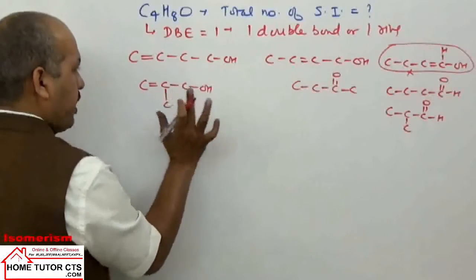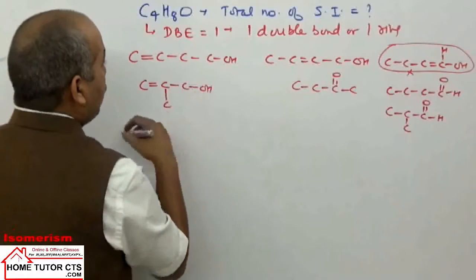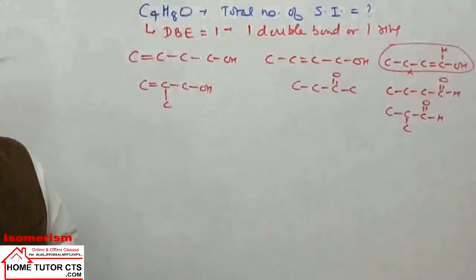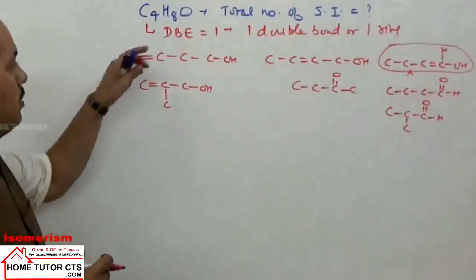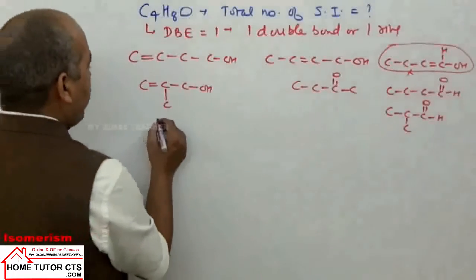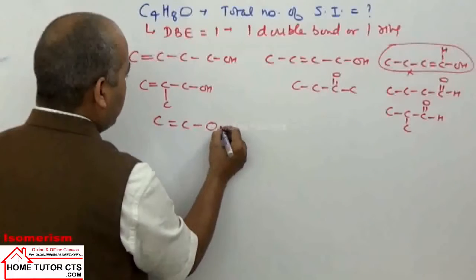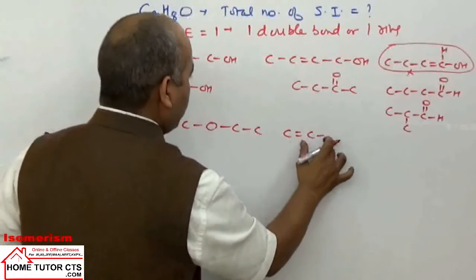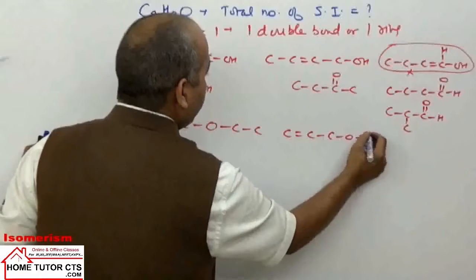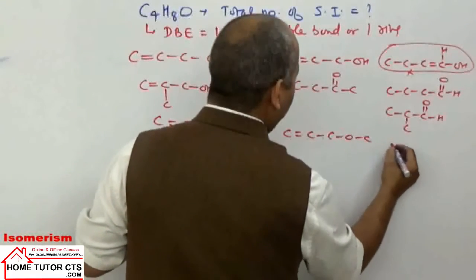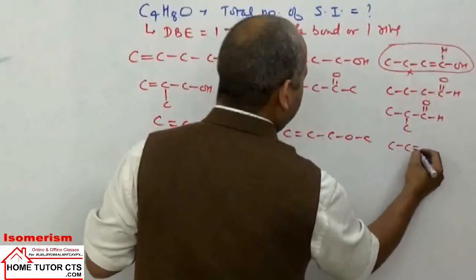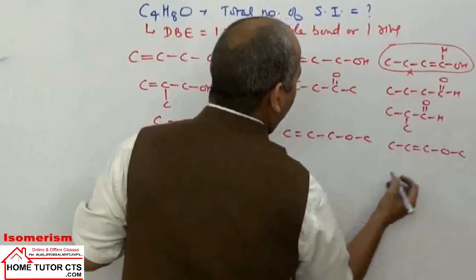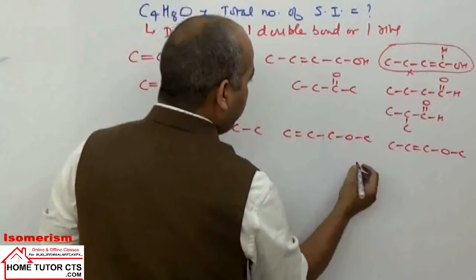Double bond here or here is the same compound. Here there will be one. When we have alcohols, ethers will also be there as functional isomers. Ethers means you can have double bond here, or you can have methyl group here, or this can have different position, or you can have in this case one branch.